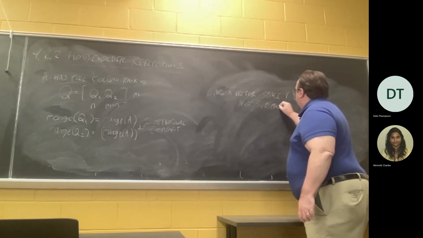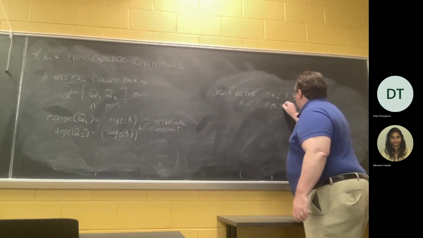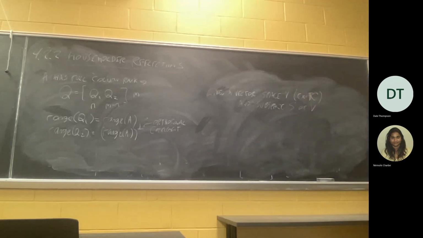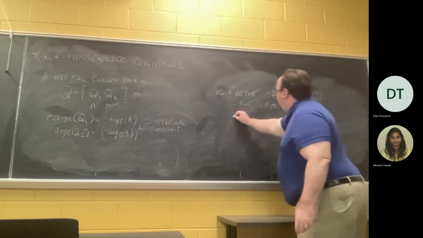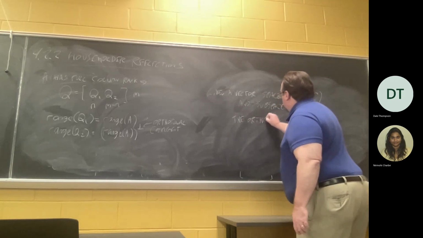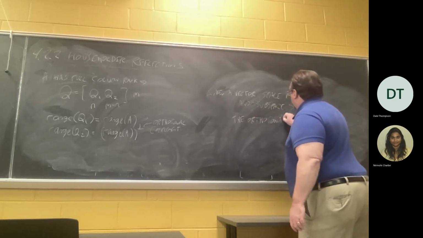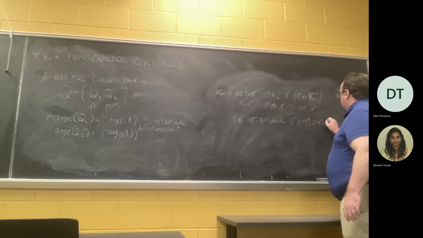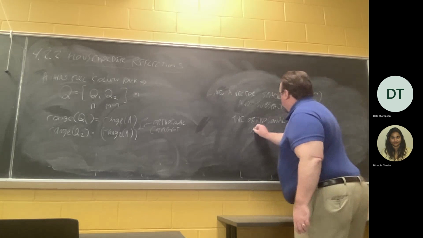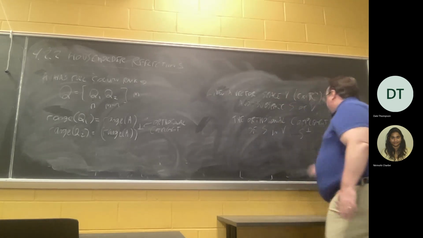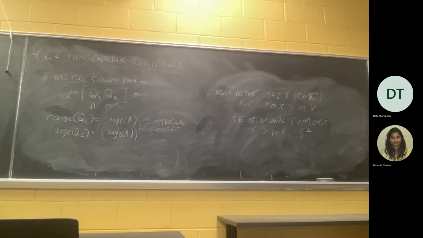And a subspace S of V. The orthogonal complement of S in V is denoted by S perp.